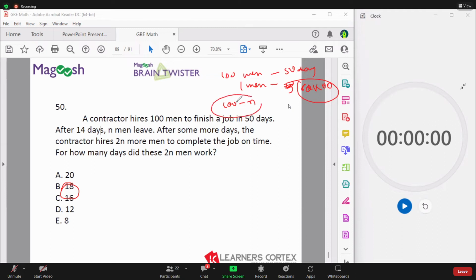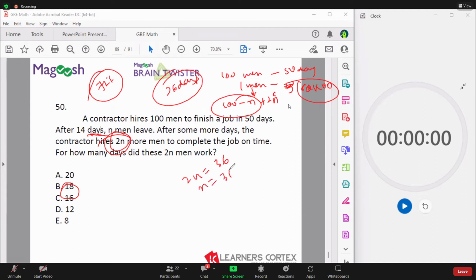So if n men leave after 14 days, there are only 36 days left. So basically, 72% of the work is left. So he hires 2n more men to complete the job. He's compensating the n men as well as n men more, right? So 2n will complete it in 36. So n will be 36 upon 2 or 18 men.